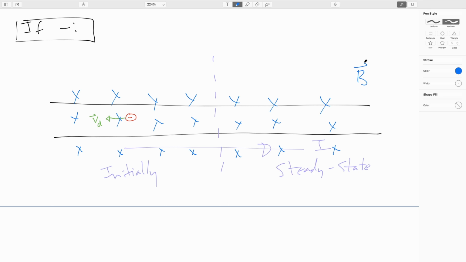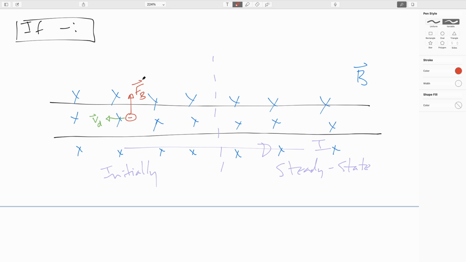So now you have a negatively charged particle moving to the left, and you have a magnetic field pointing into the screen. Which way is this particle going to be feeling a magnetic force? Yeah, it's actually going to be up again.